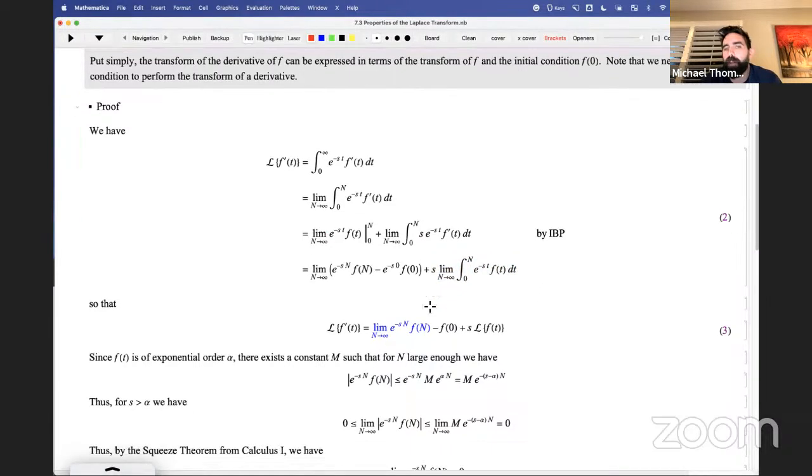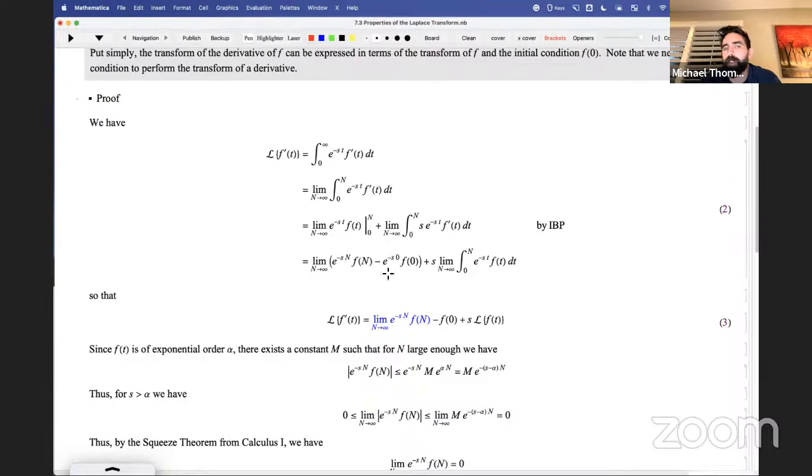All right, then you might notice this. What's e to the 0? It's just 1, right? So this guy kind of disappears. He turns into a 1. And then this limit over here, isn't that just the Laplace transform of f? That's by definition, right?